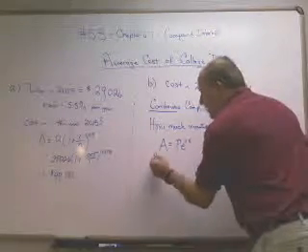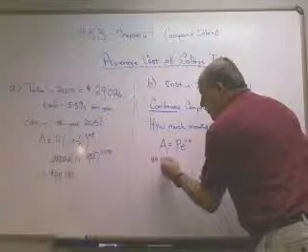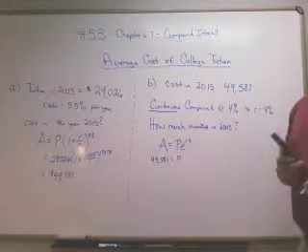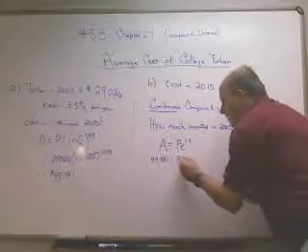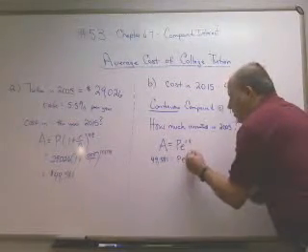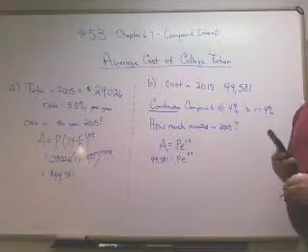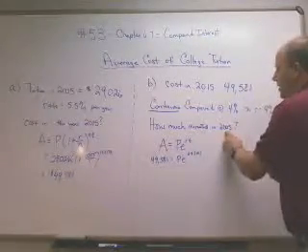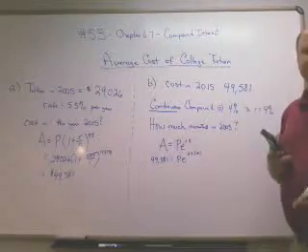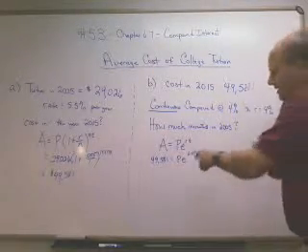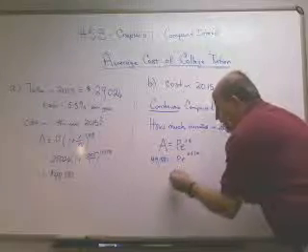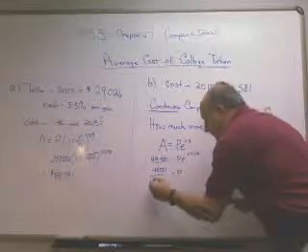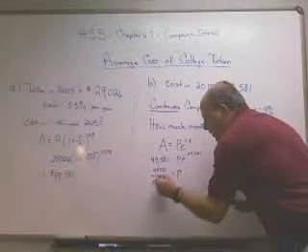So 49,581 equals the present value, which I believe is what you're looking for because of how much must be invested, times E to the rate, which is 0.04, times 10 years, because it's 10 years from 2005 to 2015. And then you just have to solve for P. So P equals 49,581 over E to the 0.4 power.